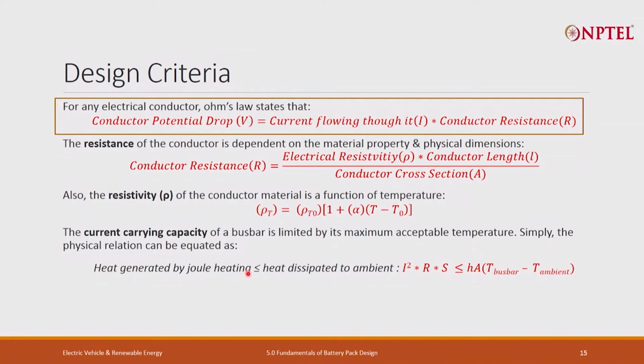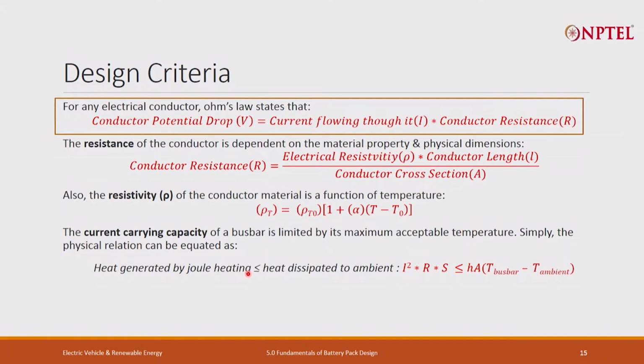Initially the heat generation would be more than the heat dissipation, so your temperature keeps on rising, but at a certain level an equilibrium takes place. Since your temperature starts rising, your heat dissipation also starts rising.